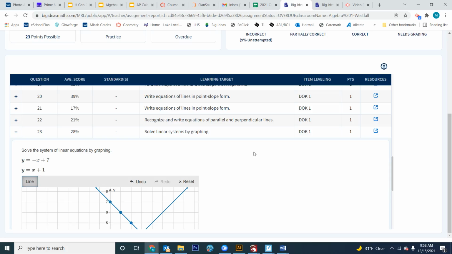But you can use the Desmos to check your answers. It's right there at your fingertips on this test. Y equals negative x plus 7 there, and then you graph the line.